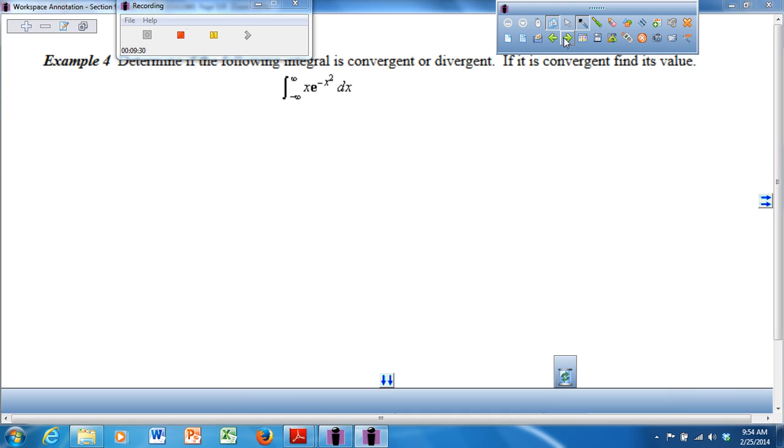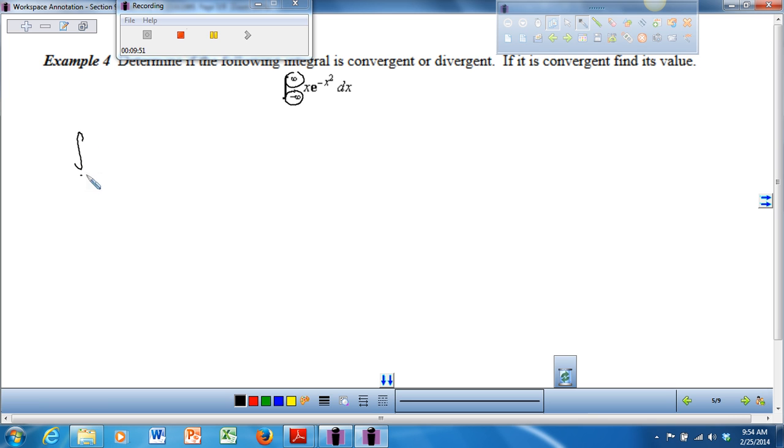Nope, I don't want that one. I want this one. All right. So what makes this one improper? Both the lower and the upper limits go from negative infinity to infinity. So this is the one where we need to set up two integrals. We're going to set up an integral from negative infinity, and when you choose your value, make it easy. 1 or 0.